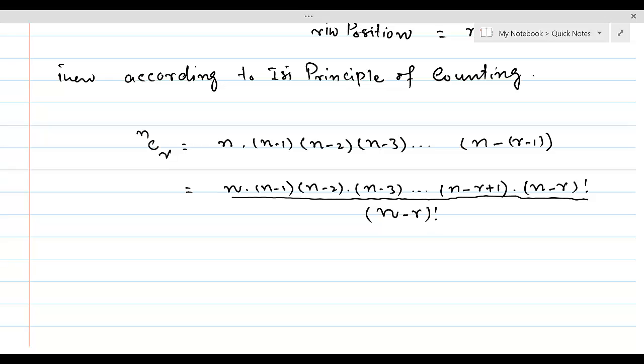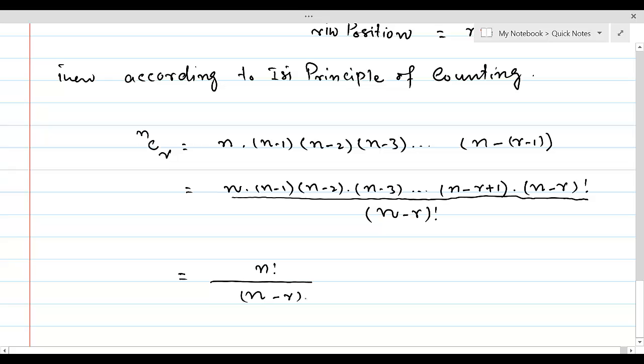That in the numerator we have a product of consecutive natural numbers all the way up to n, and therefore this can be written as n factorial, and this is divided by n minus r factorial. So that is what was required. Sorry, this was nPr.